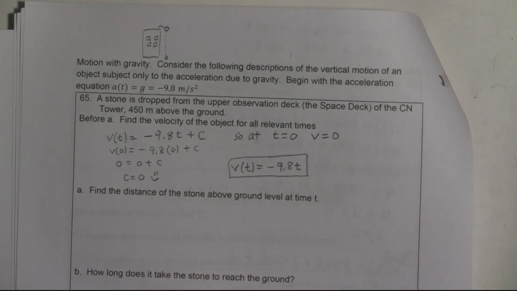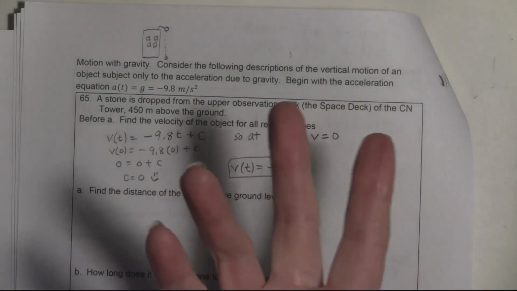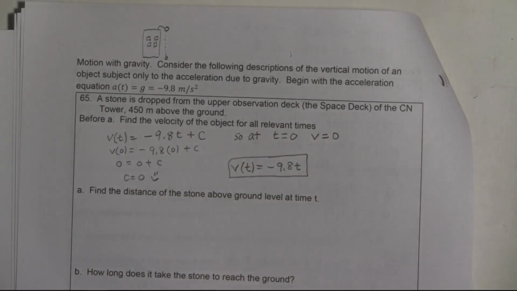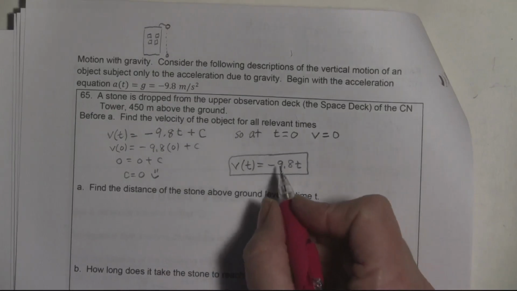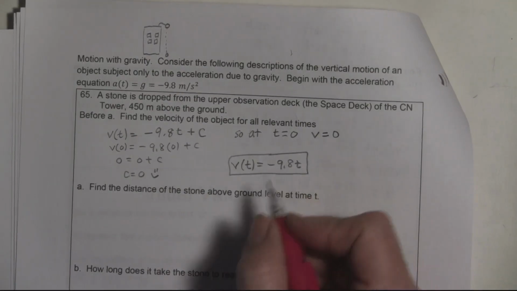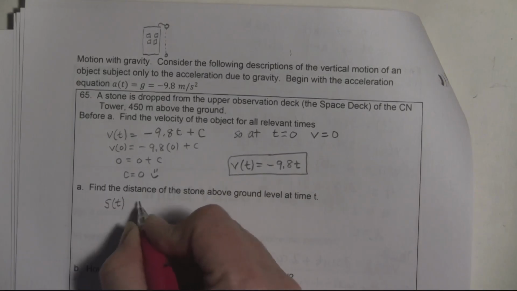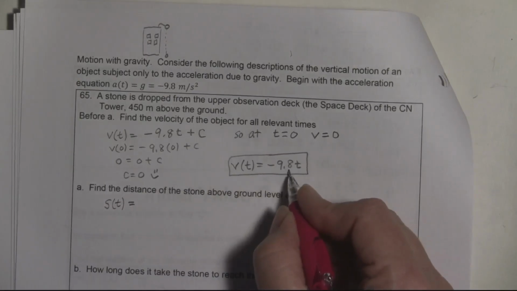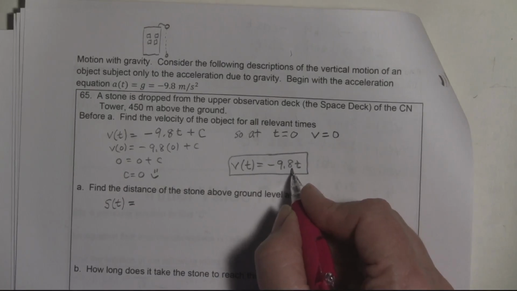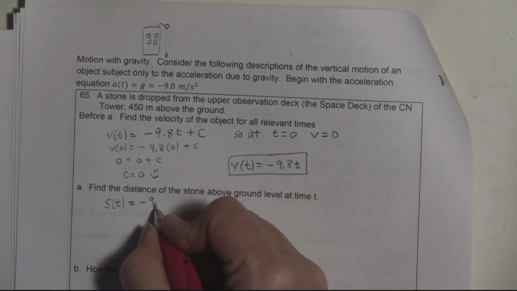So find the distance of the stone above ground level at time t. They're asking us to find s, because that's what s represented, the distance. All we have to do to find s is find the antiderivative of this. The antiderivative of v is s. The negative 9.8 holds still.